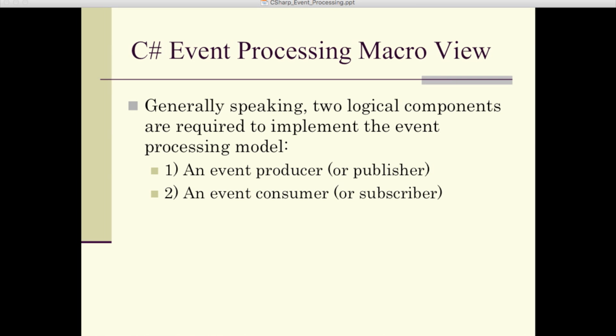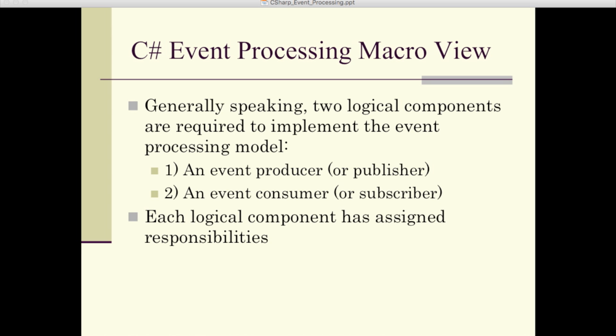For the most part, you need two logical components in order to implement the event processing model. You need an event producer or publisher, and you need an object to subscribe, an event consumer. Each logical component has assigned responsibilities.